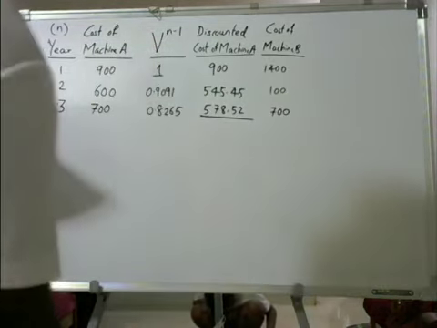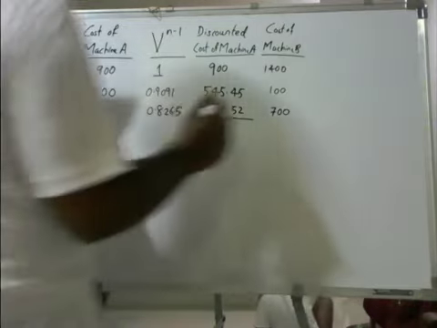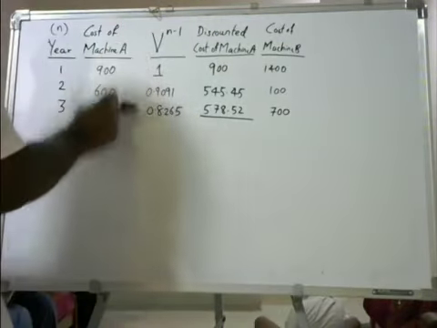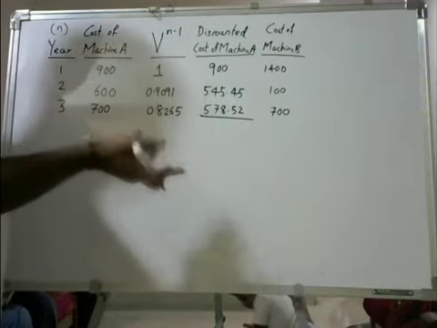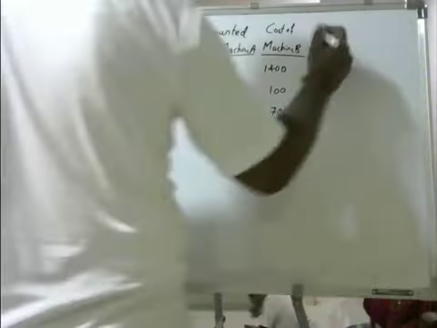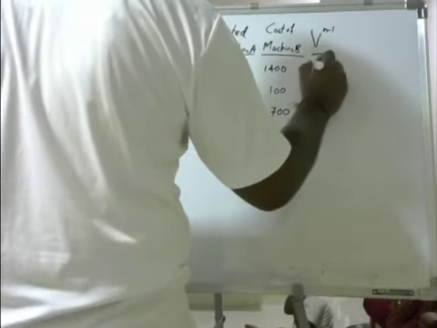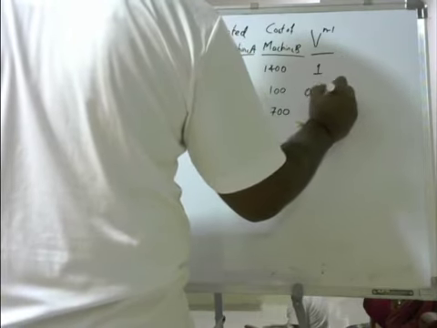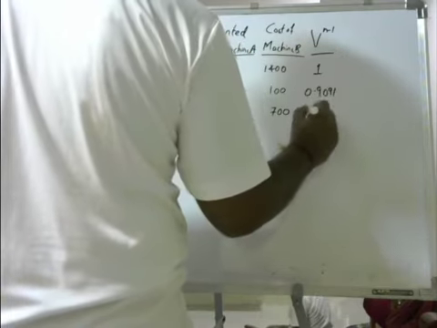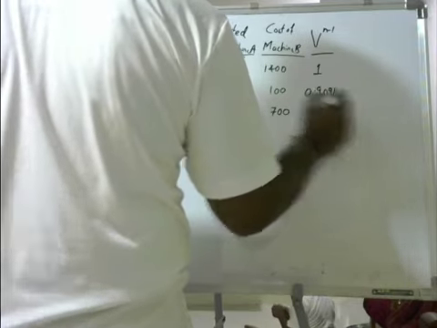So it is already given. Now the discount factor remains the same because even machine B is discounted at 10%. So the discount rate remains the same. I'm just going to copy the same answers here. It is 1 and 0.9091, 0.8265.